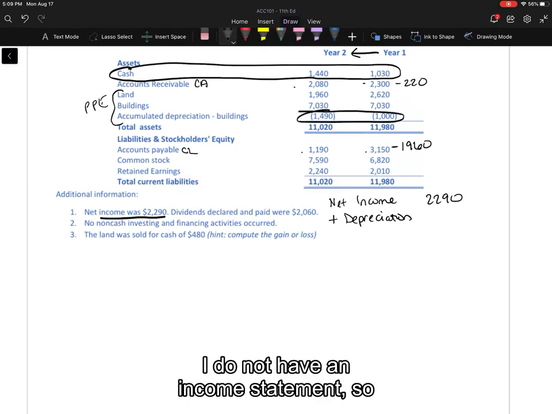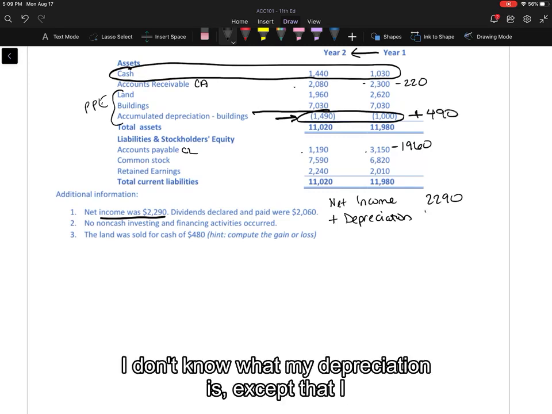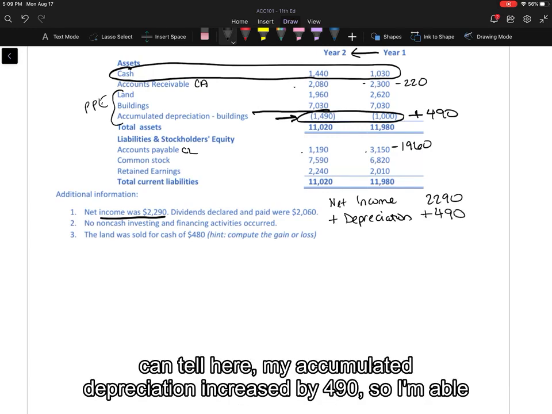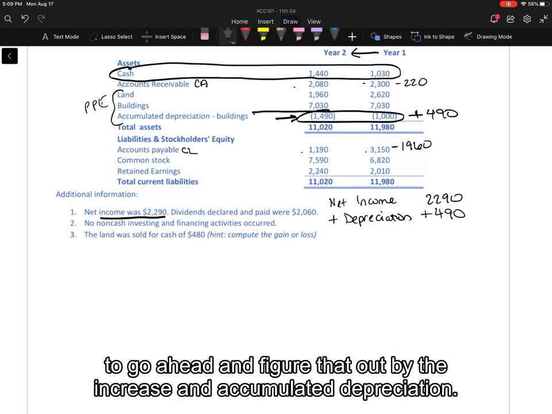I do not have an income statement, so I don't know what my depreciation is, except that I can tell here my accumulated depreciation increased by $490. So I'm able to go ahead and figure that out by the increase in accumulated depreciation.